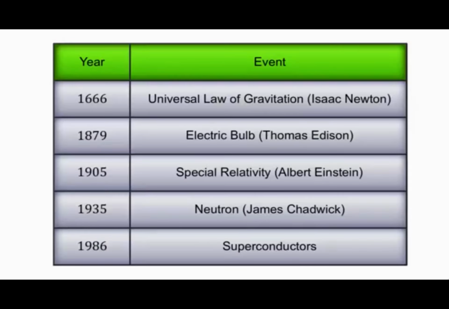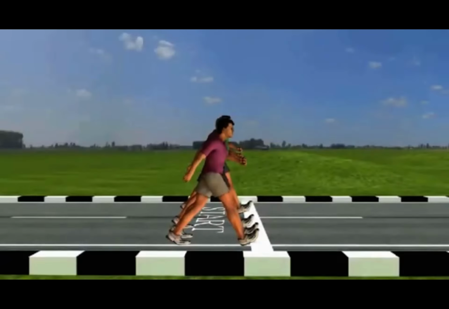Measurement of time is of utmost importance for us in our day-to-day life, and even in the history of science. Measuring time gives the chronological order of events that take place and helps in better conceptual and factual understanding of science. Measuring time is measuring the time interval between two events.